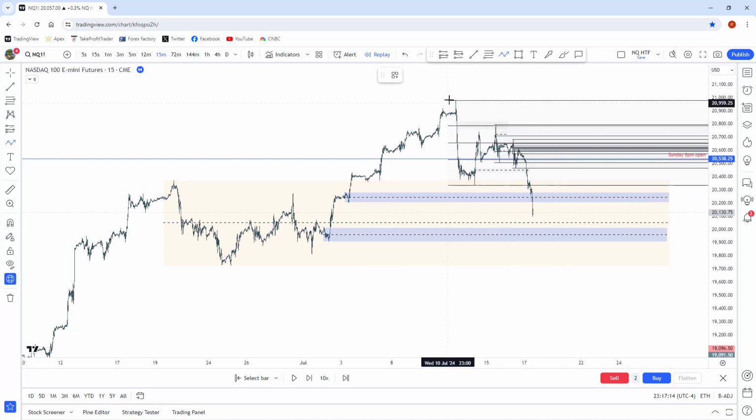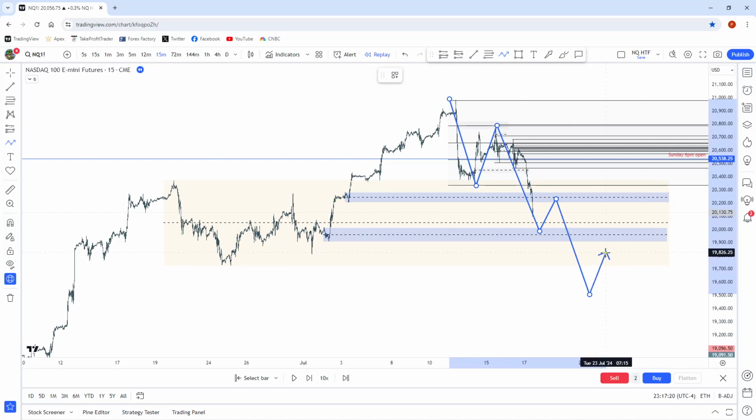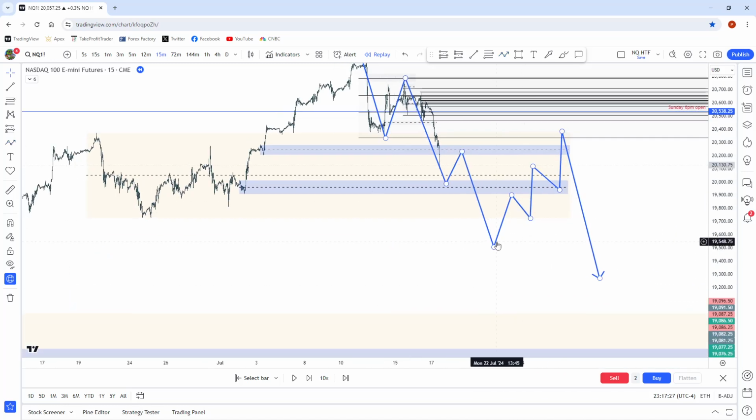We can make something like this, break it, take out these higher time frame lows, start changing order flow up here, and then head down again, right? This is how price moves in swings, and the reason it does that is to fill inefficiencies before taking out external liquidity.